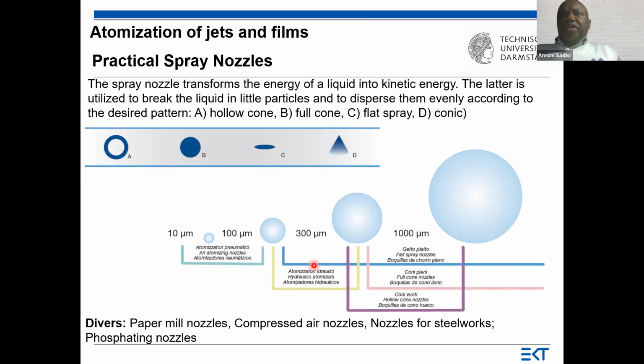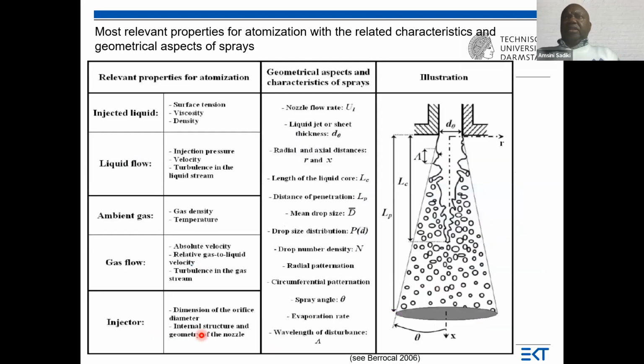We have also other types of atomizer: compressed air nozzle, nozzle for steel works, as I introduced at the beginning. We have also the fatigue nozzle. So very, very diverse sorts of atomizer.